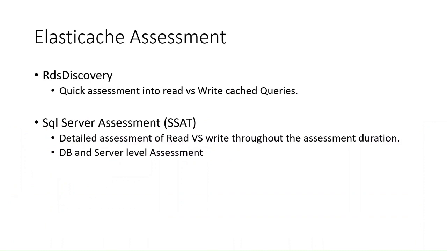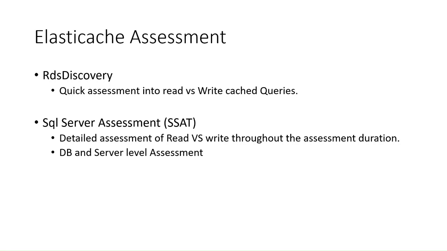The ElastiCache assessment, as discussed earlier, is in the two tools. The RDS discovery is just a quick assessment. It assesses the read versus write of those cached queries. The SSAT, the SQL Server Assessment, looks at each collected metric from the DBIO and calculates the read versus write.